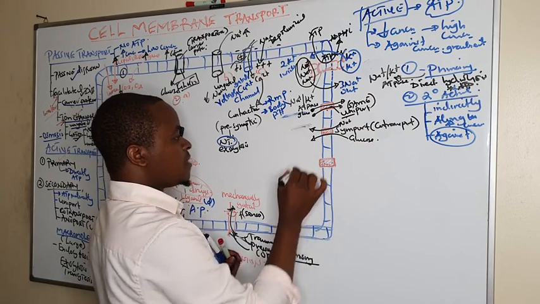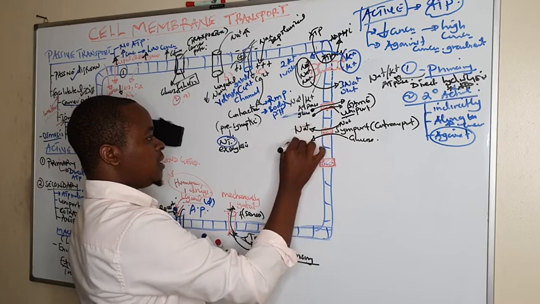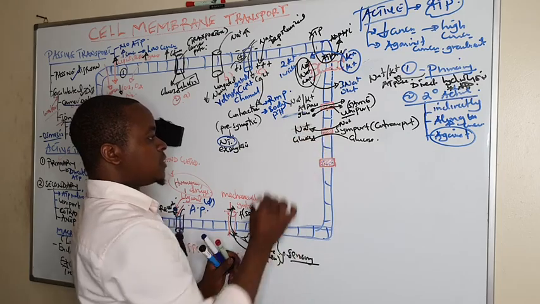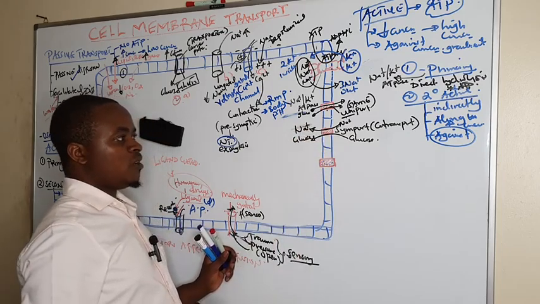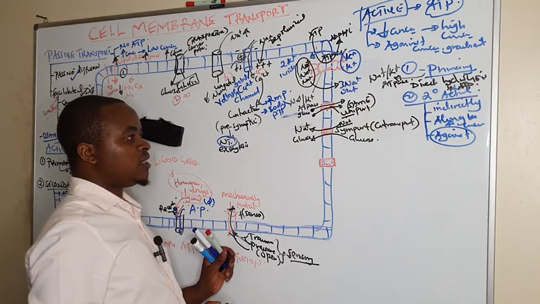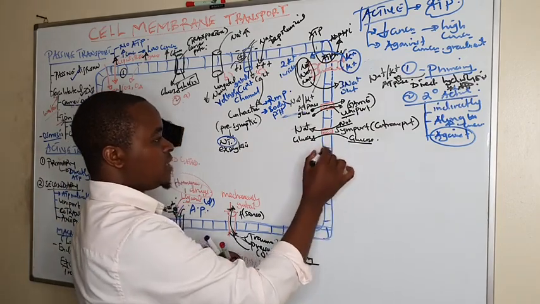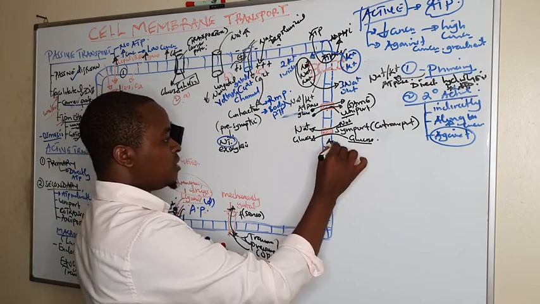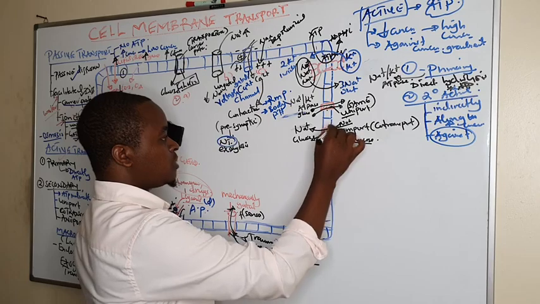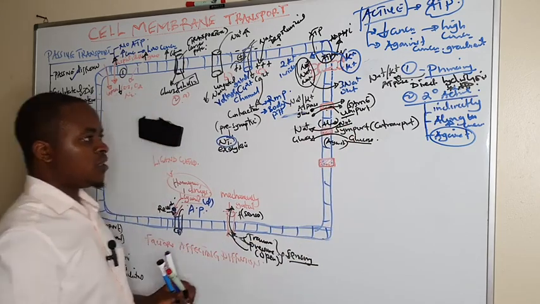You also move together in the same direction. So you bring sodium inside, and at the same time glucose, whereby sodium is moving along the concentration gradient, and then glucose uses the energy to move against.